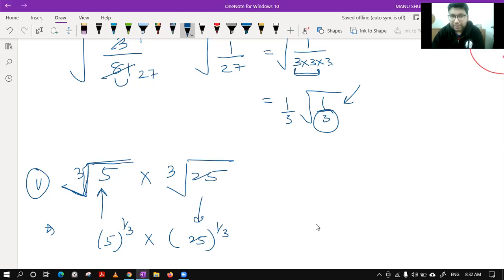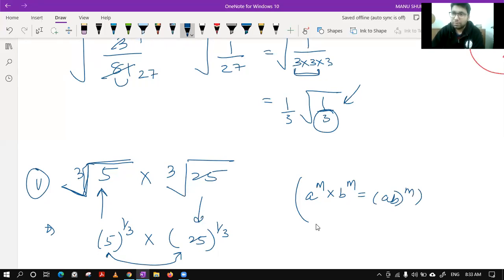Yes, so we can see that it is actually two numbers having same powers, and we have done that in the laws of exponents. If you have a power m into b power m, you can say the answer is ab whole power m.